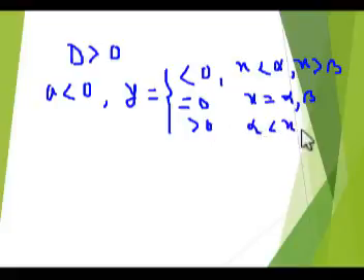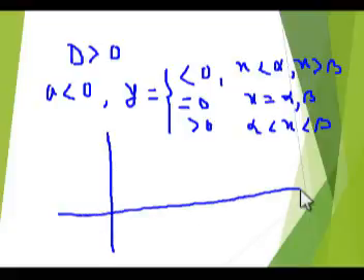So how its picture will be is very easy; we have to draw it in this way. We are taking here alpha and here beta. Between alpha and beta, it is greater than 0, so it will be here.